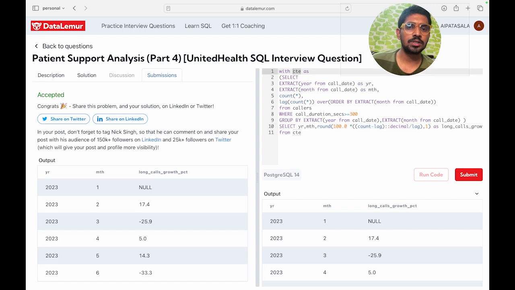And then we used a common table expression, which is used to write a query in the simplest form. So it's a view actually. It creates one more table on top of the existing table, as a view. So these are the concepts that we covered in this SQL question.